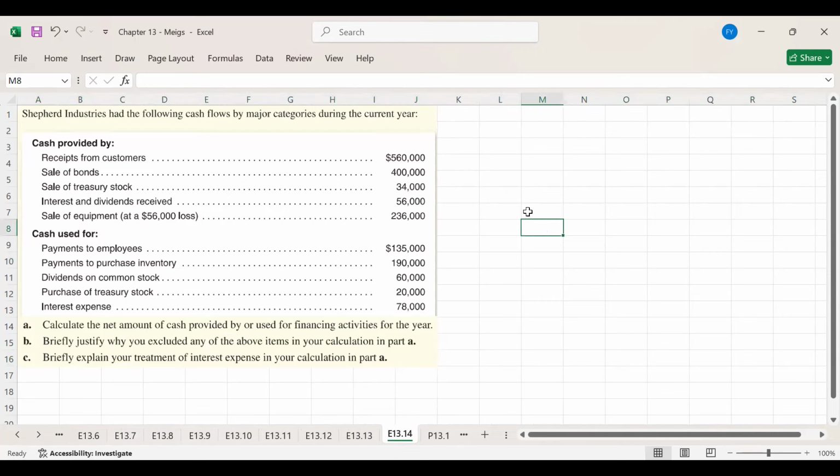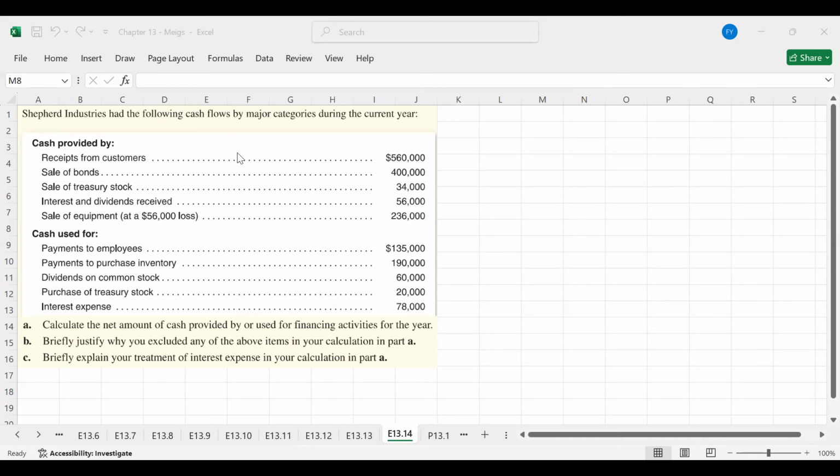The company's cash flows, we have cash inflows and we have cash outflows, and the requirement is to calculate the net amount of cash whether provided by or used for financing activities. Only financing activities. So we will include only those activities that are related to financing activities.